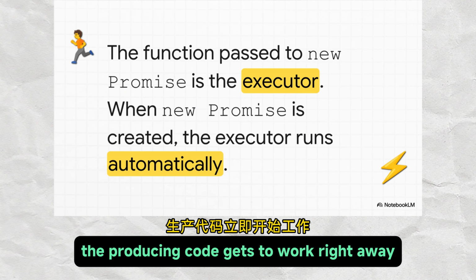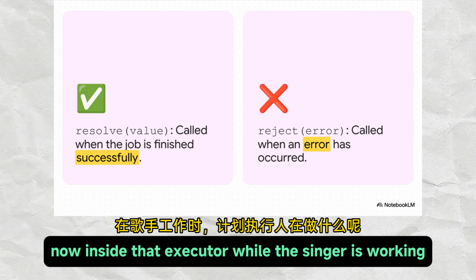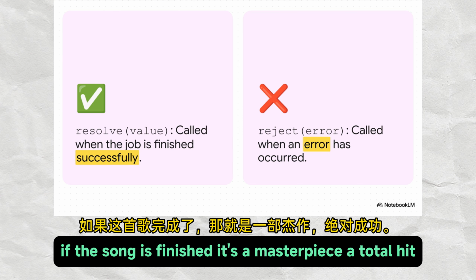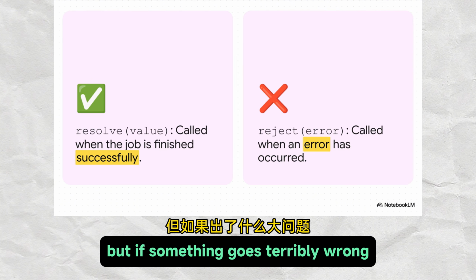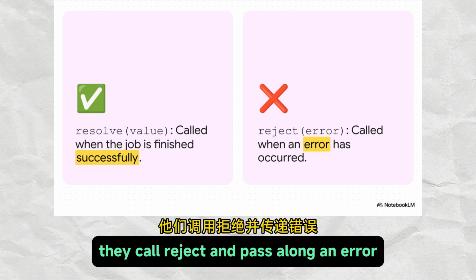The producing code gets to work right away. Now, inside that executor, while the singer is working, there are really only two possible outcomes. If the song is finished, it's a masterpiece, a total hit, they call resolve and pass along the song. But if something goes terribly wrong, a fire in the studio, they call reject and pass along an error.